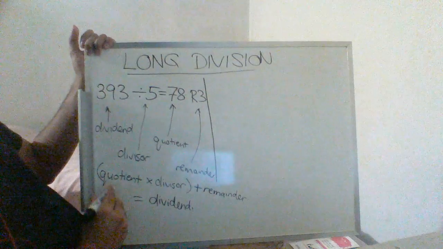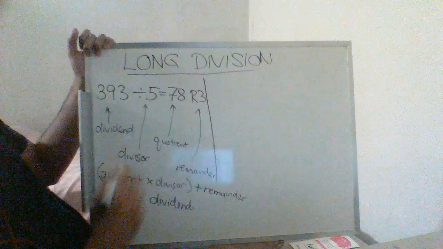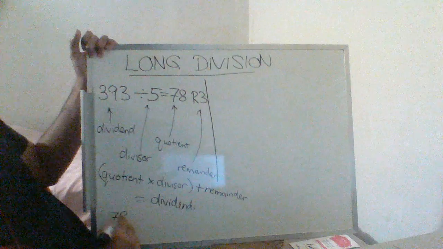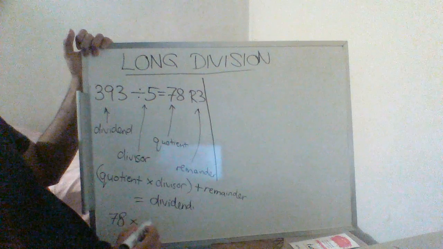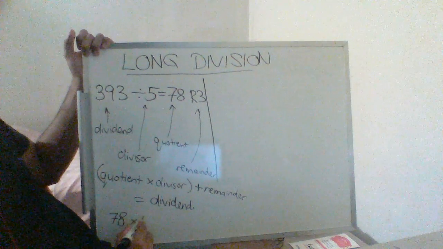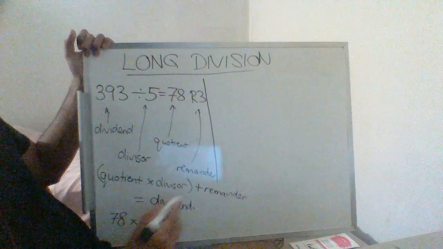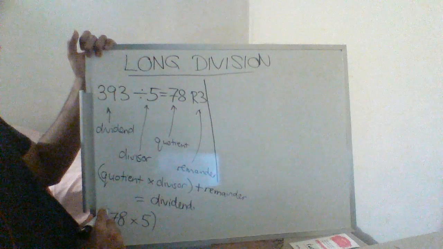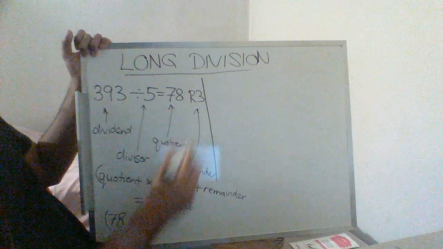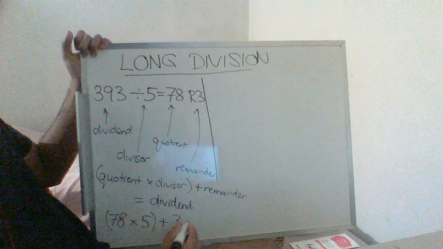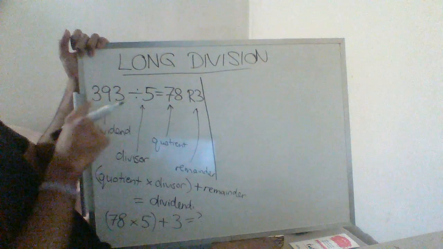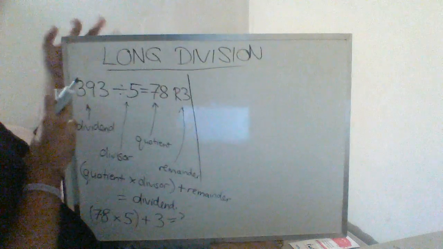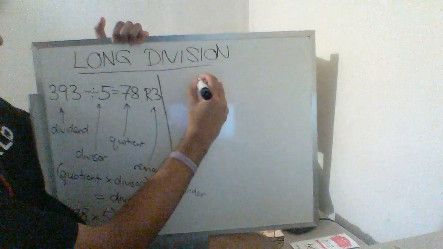So our quotient was 78, so we want to do 78 times our divisor, which was 5, and then once we do that, we want to add our remainder, which was 3, and see if that gives us our dividend of 393. So we do 78 times 5.